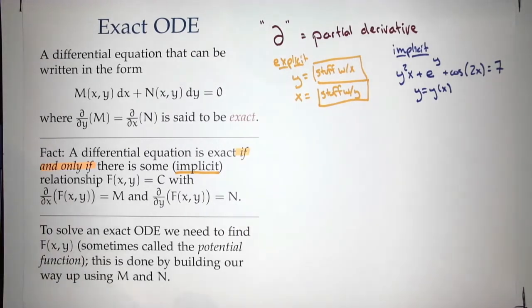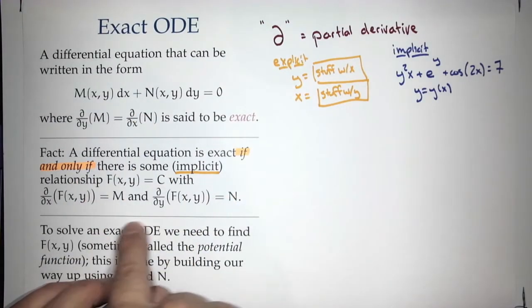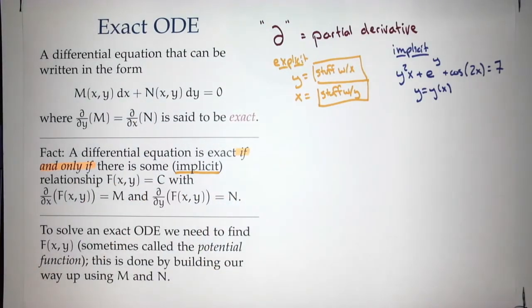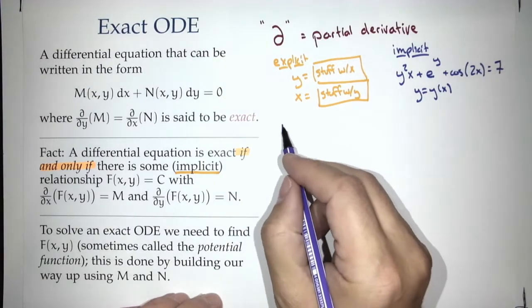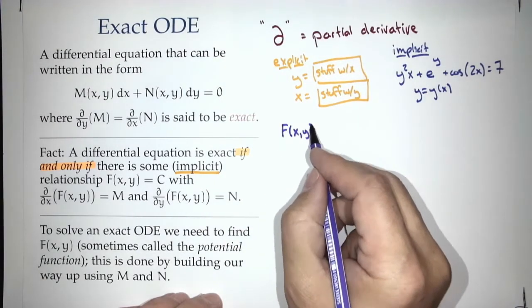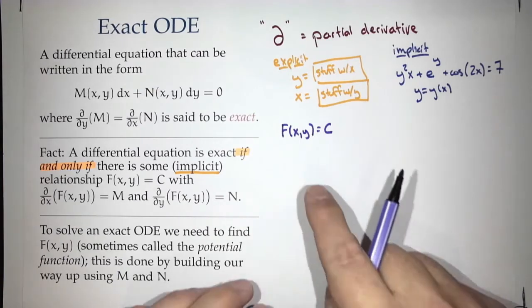Now, let's also understand why this is so good in terms of our goal here. Our goal is to solve a differential equation. So, suppose we start with our function f of x y equal to a constant. What we have is this relationship, and so there's an implicit relationship.